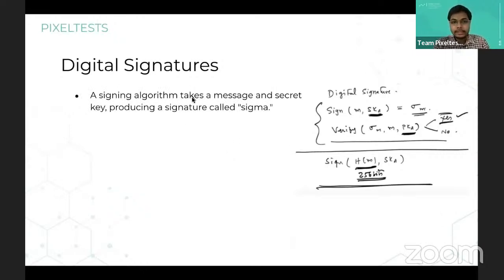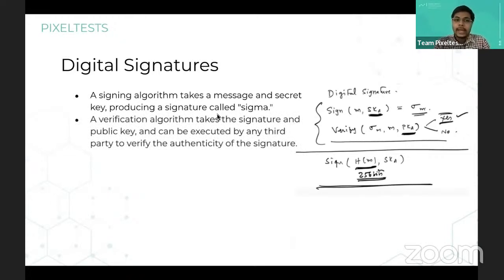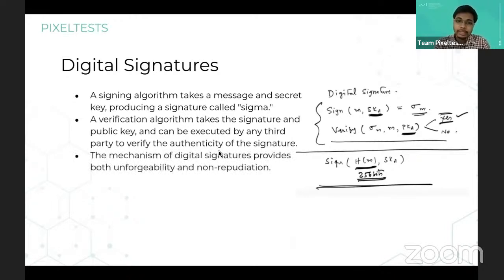Now, a signing algorithm takes a message and a secret key and produces a signature called sigma, and a verification algorithm takes the signature and the public key and can be executed by any third party to verify the authenticity of the signature. The mechanism of the digital signature provides both unforgeability and non-repudiation. Repudiation means that a person says no, he can deny.